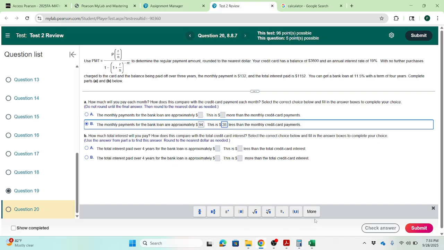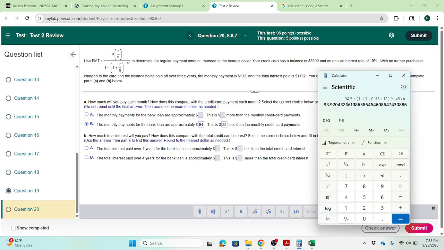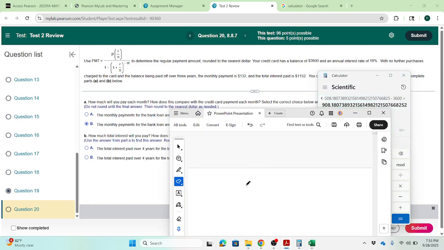But for 4 years, if you pay 94, this amount times 4 times 12, which is for the 4 years, you pay 4,508 bucks. So the total interest is 4,508 minus 3,600, which is 908 bucks. So the total interest paid for the bank is 908 bucks if you round it to the dollar.